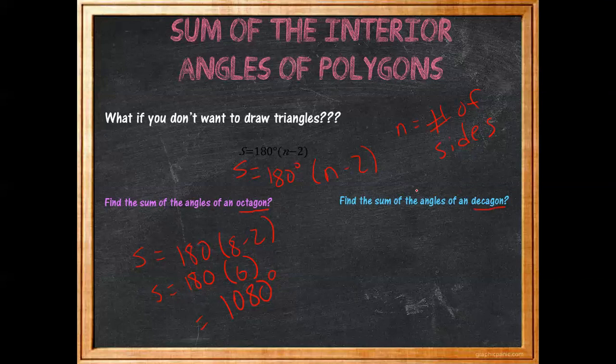For a decagon, that would be 10 sides. So we're going to say S equals 180 times 10 minus 2. So S equals 180 times 8, which equals 1,440 degrees. So a decagon has to add up to 1,440 degrees.